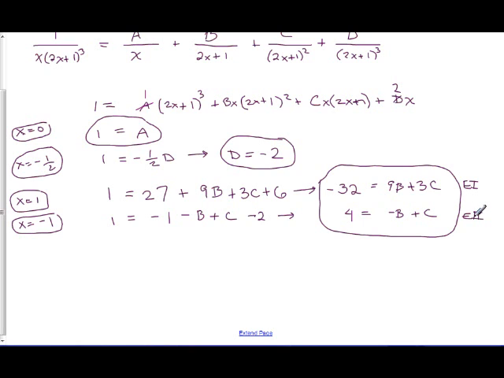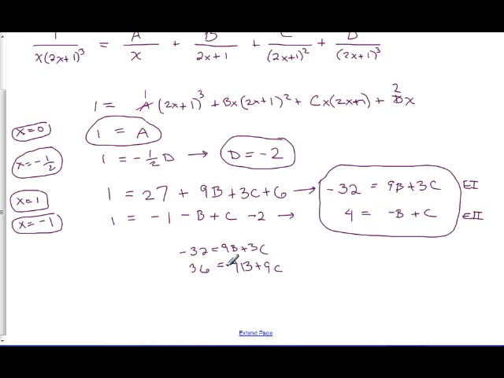So I'm going to take E1, let's line these up, minus 32 equals 9b plus 3c, and I'm going to multiply the bottom by 9, and I get 36 is equal to minus 9b plus 9c.